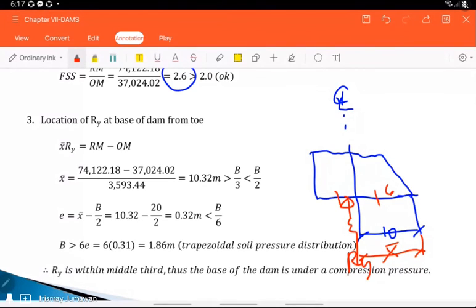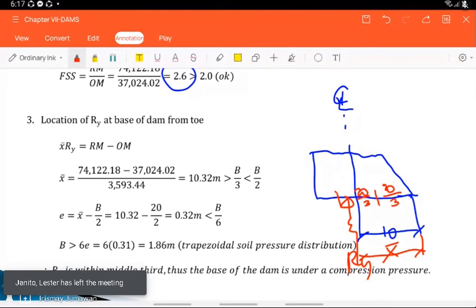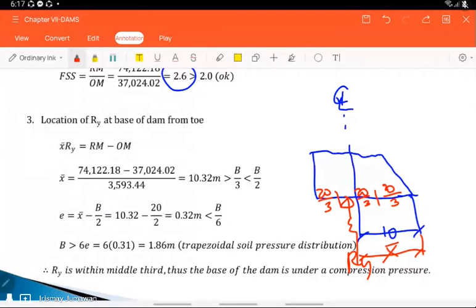So we divide 20 over 3. Your RY is within the middle third. So the soil pressure distribution is trapezoidal because RY is in the middle third.